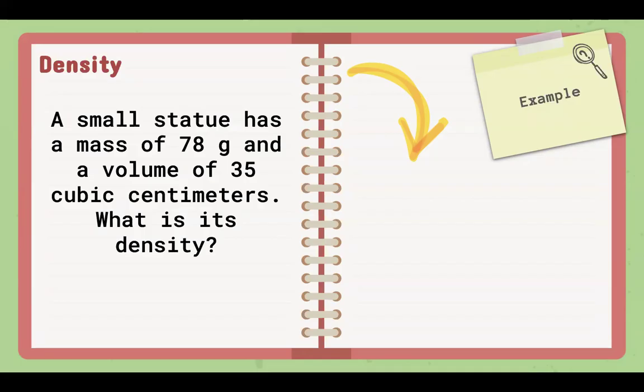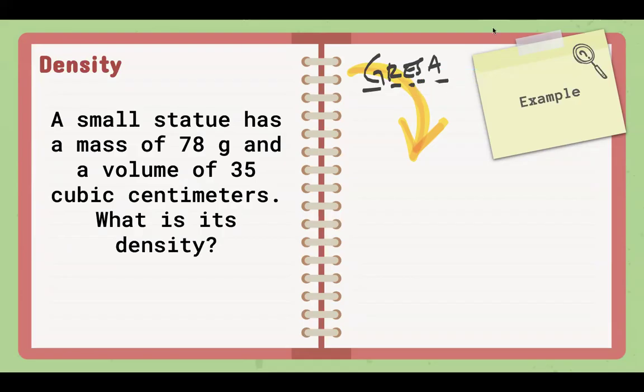identifying your measurements in the laboratory. You have to think of a way to get the density of the objects by using the following materials in your laboratory. Now, in this problem, a small statue has a mass of 78 grams and a volume of 35 cubic centimeters. What is the density? In solving problems, you can use the GRESA method later on. So we have the given, required, equation, solution, and answer.